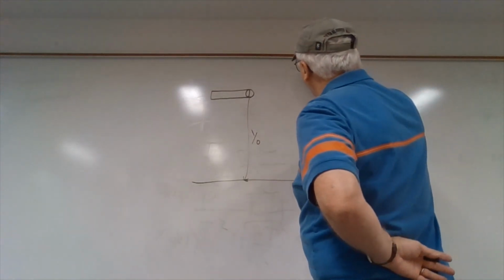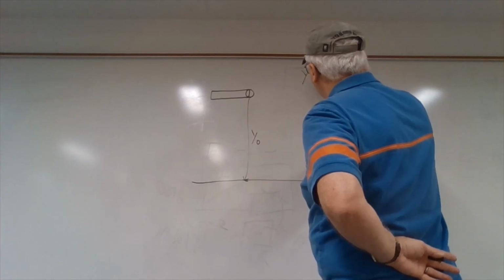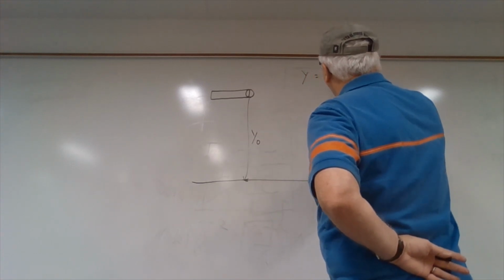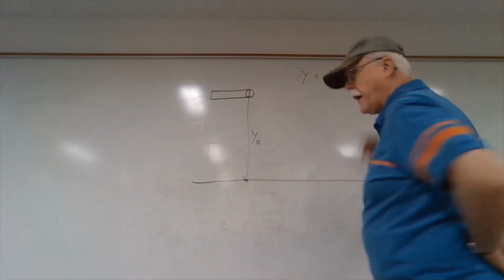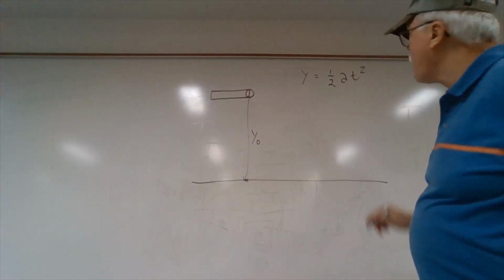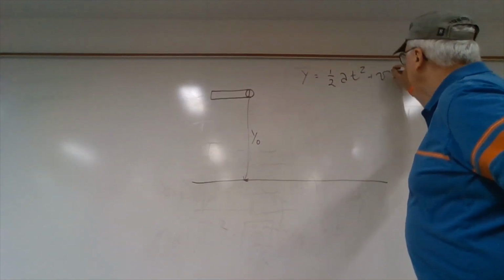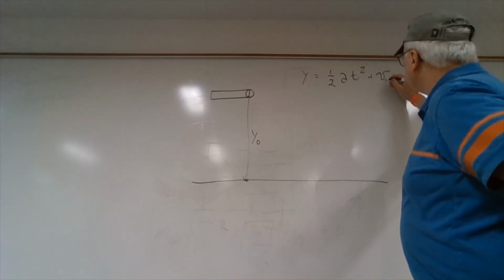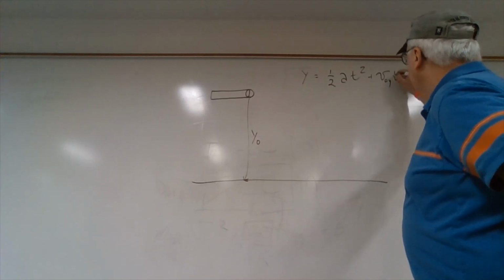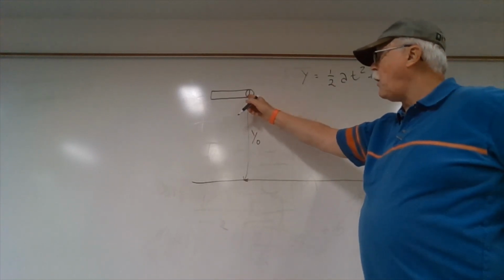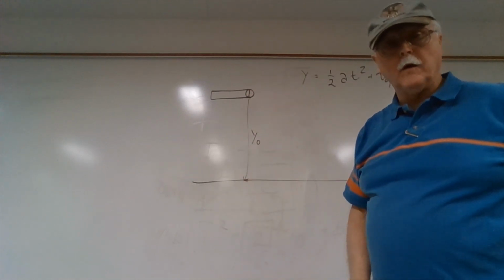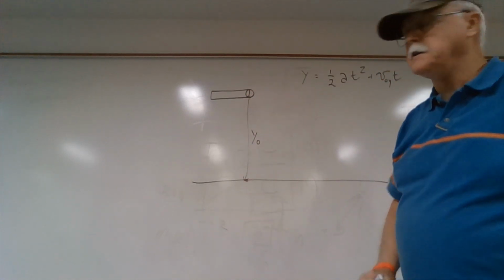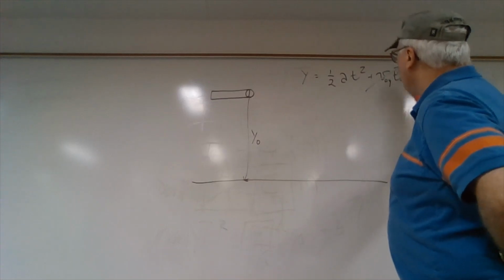First of all, we know that Y equals 1/2 AT squared plus V0y times the time. Now, this ball has no downward velocity initially, so we can get rid of that term.